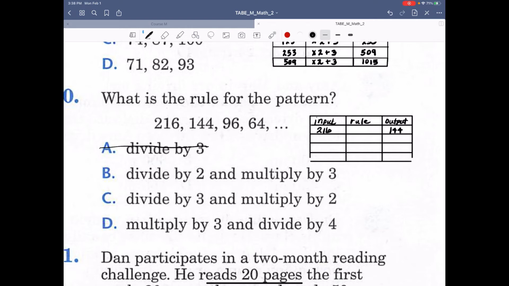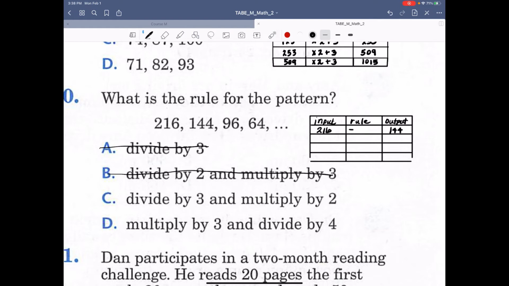Okay, B says divide by 2 and then times 3. So let's see if this one works. 216 divided by 2 is 108, times 3 is 324. That one does not work. Sorry, that's not it either.